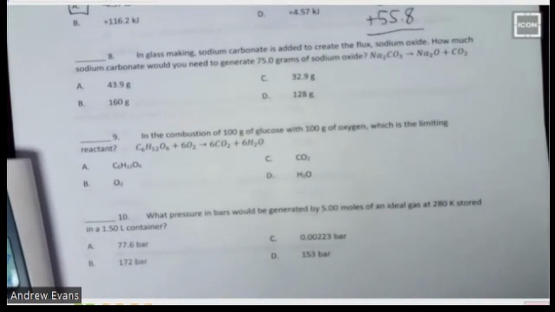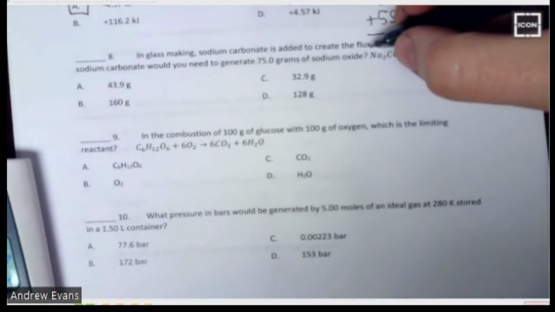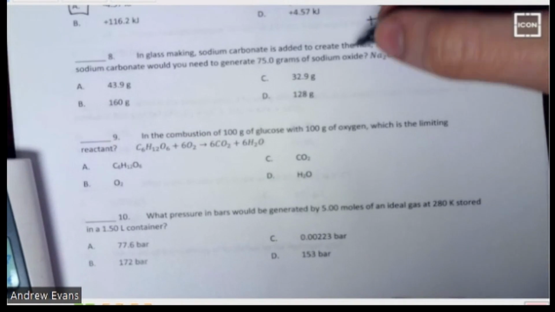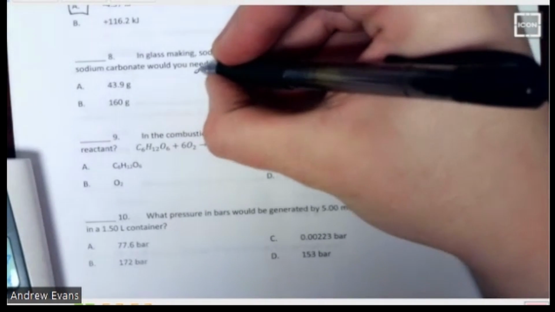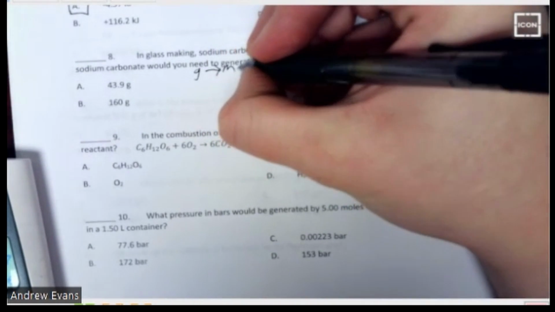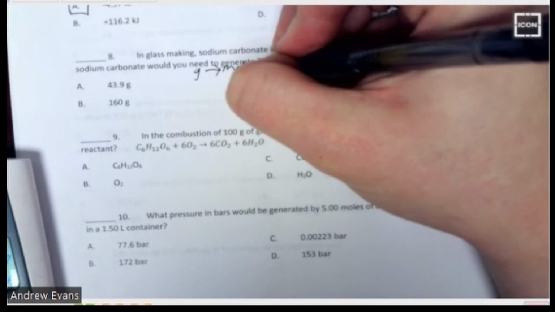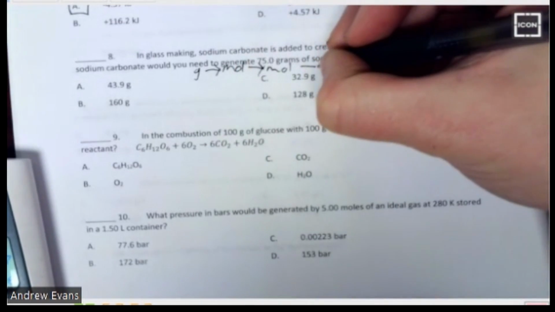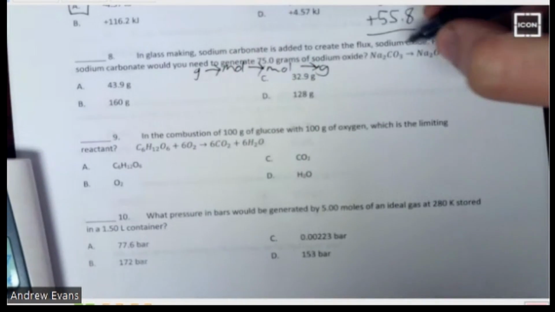In glass making, sodium carbonate is used to create flux, the sodium oxide. How much sodium carbonate would you need to generate 75 grams of sodium oxide? Grams to moles to moles to grams. Pretty easy.